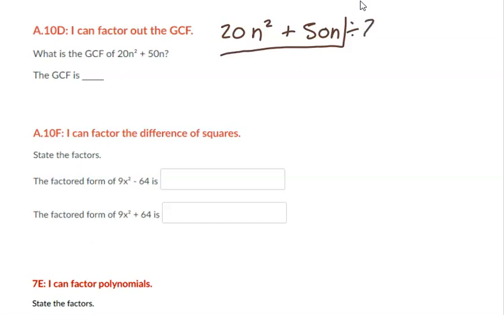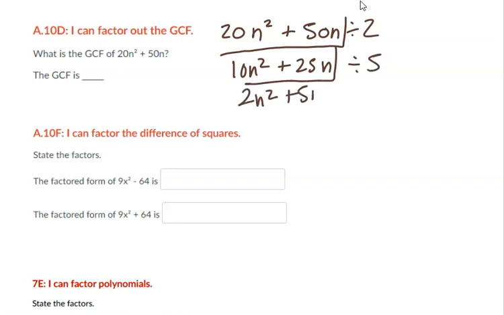Well, we could divide out 2 here. So 10n squared plus 25n. We could divide out 5. 2n squared plus 5n. We could also take out an n because both of them have an n. So that's 2n plus 5.